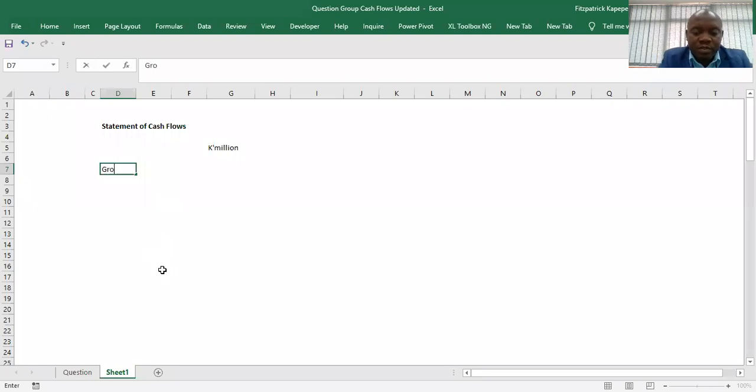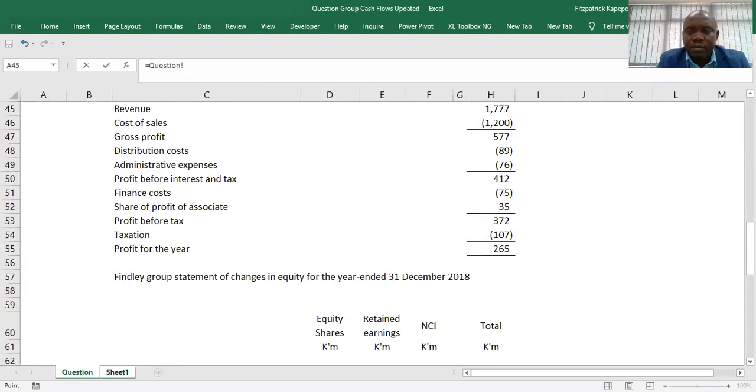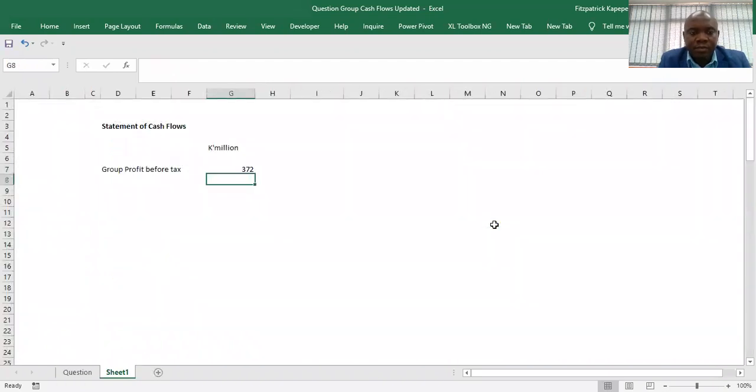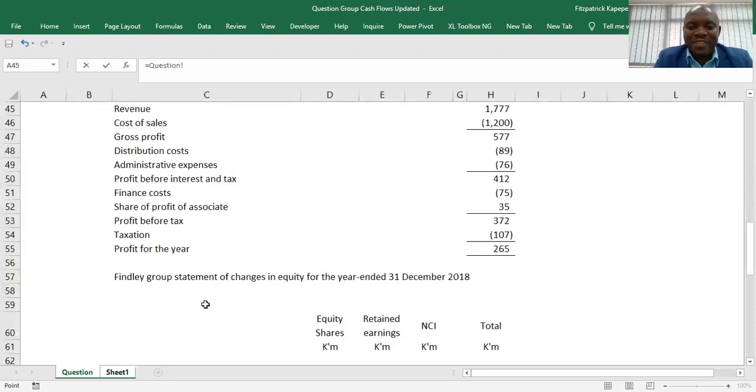So start with the group profit for tax. We add finance costs because they have their own space. In short, we are subtracting them. We are removing them from the picture.